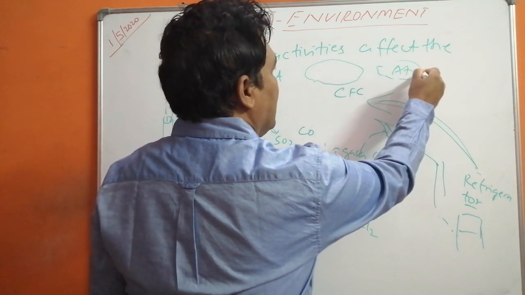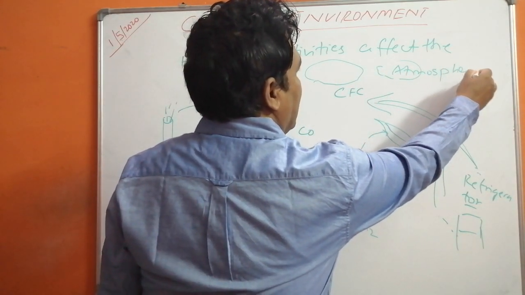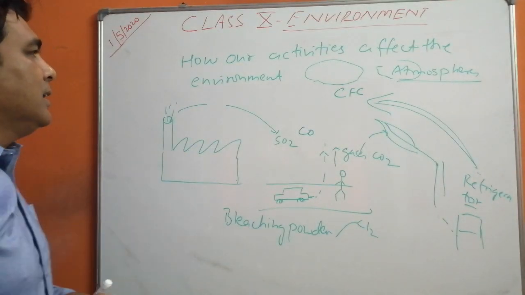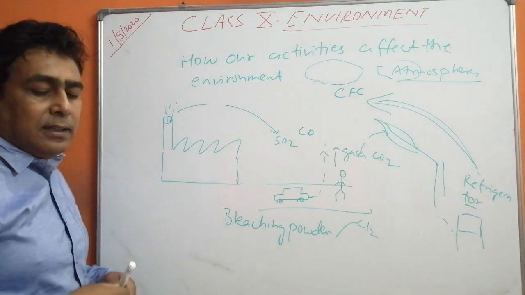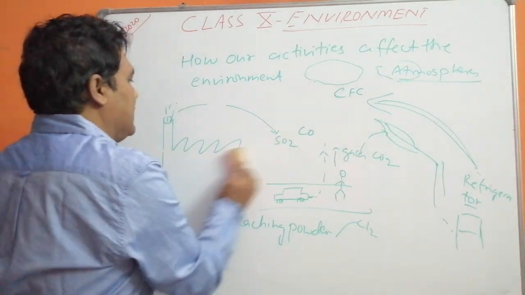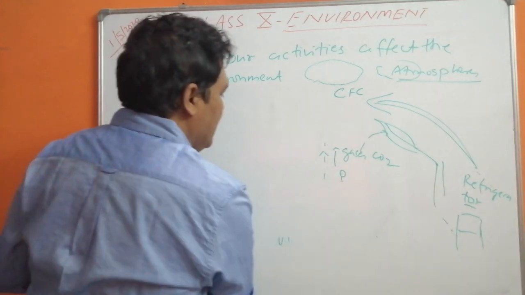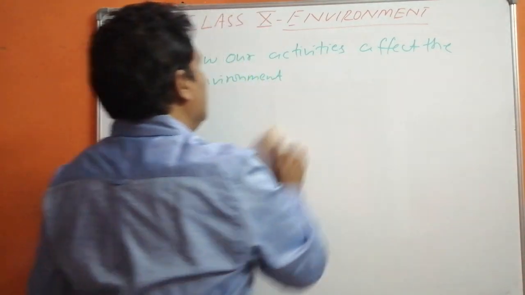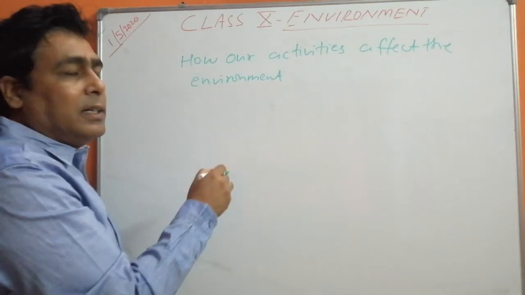Now this is your atmosphere. The atmosphere is made up of different layers, and one layer is the stratosphere. The stratosphere actually saves us from UV rays. So we already discussed how activities affect it.